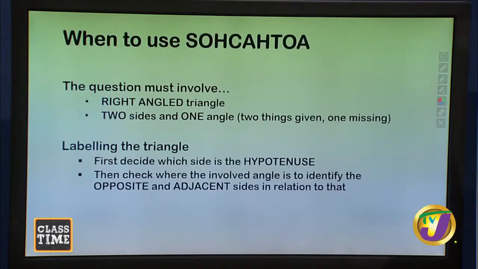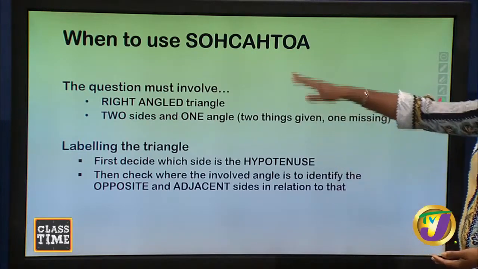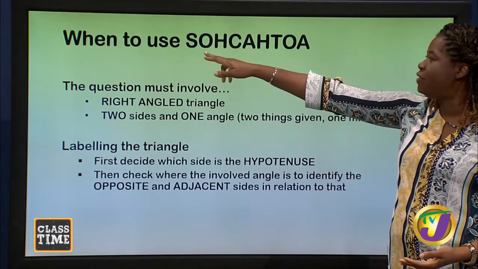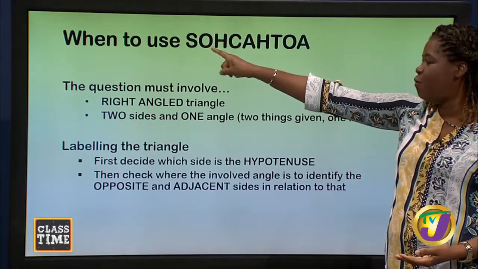So when do we use, how do I pronounce this word? Actually, it's not a word, it's an acronym. SOH CAH TOA helps us to remember the trig ratios. In shortened form, we have SOH: S for sine, O for opposite.